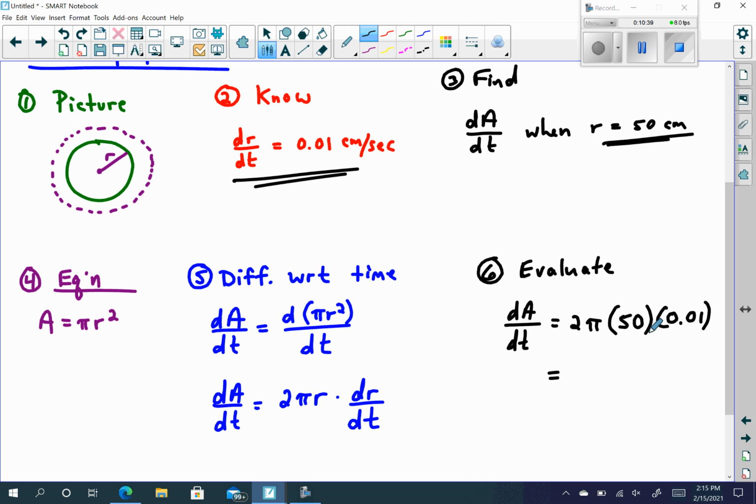We know 2 times 50 is 100. 1/100th of 100 is 1. So dA over dt is equal to pi. And we're going back to centimeters because it's area, so centimeters squared, or square centimeters per second. And there is the rate of change of our area when our radius is 50 centimeters.